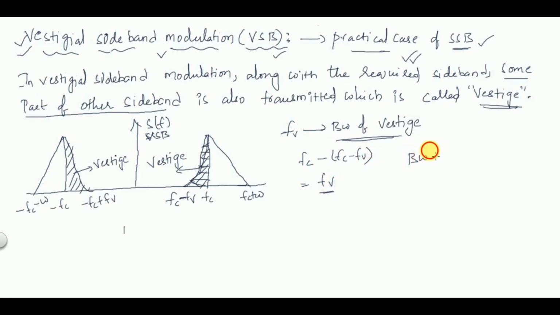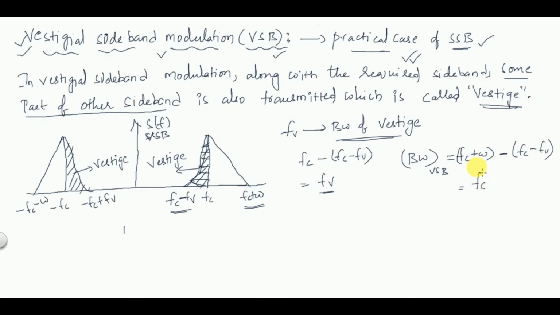So what is the bandwidth of the VSB signal? I am not talking about only the vestige. For the total VSB signal, the highest frequency is FC plus W and the lowest frequency is FC minus FV.